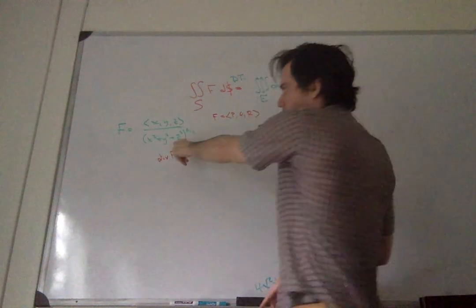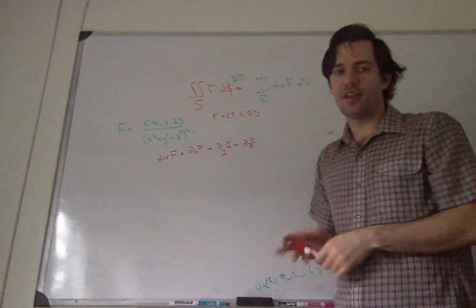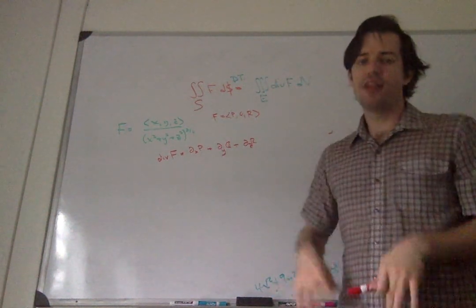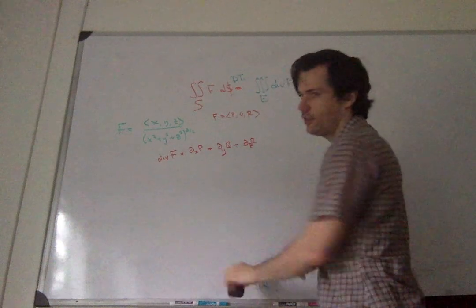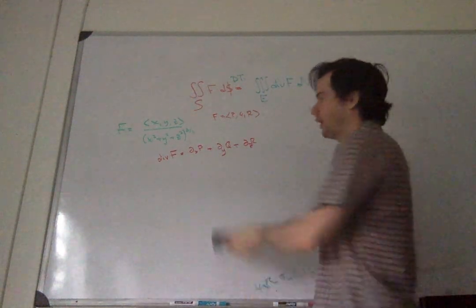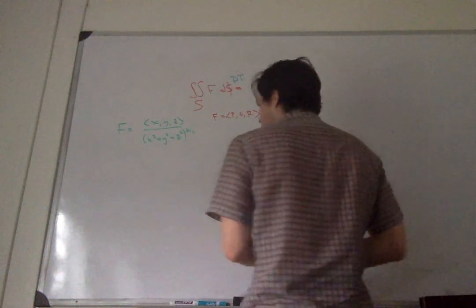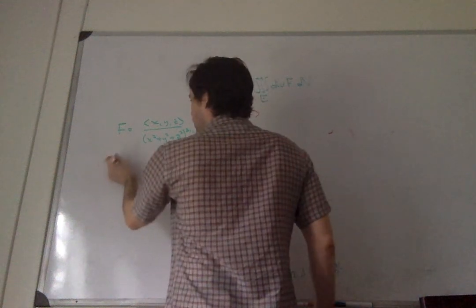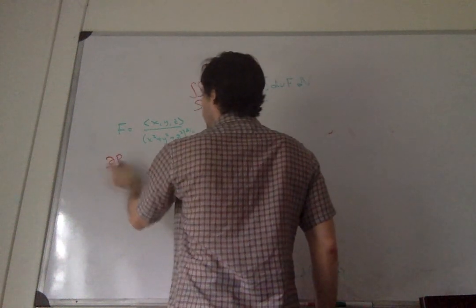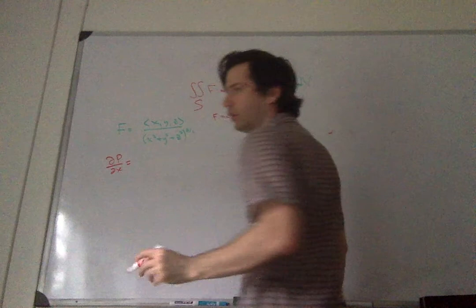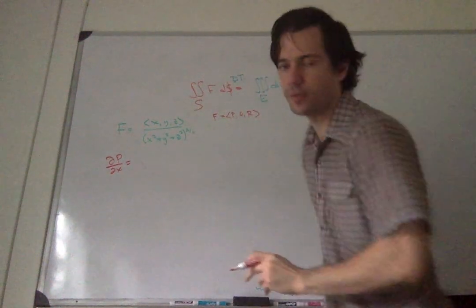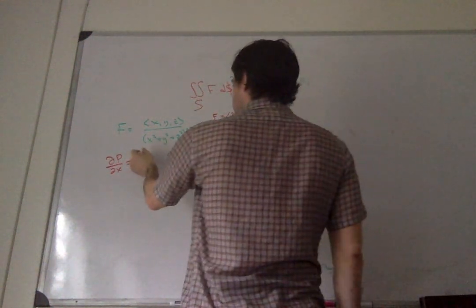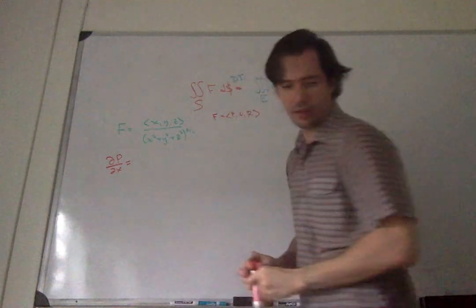You also cannot forget about the denominator, but the point is that if I compute this for x, then I also get it for y and for z by symmetry. Okay, so we're just going to compute the partial of P with respect to x. Okay, so let's do this.